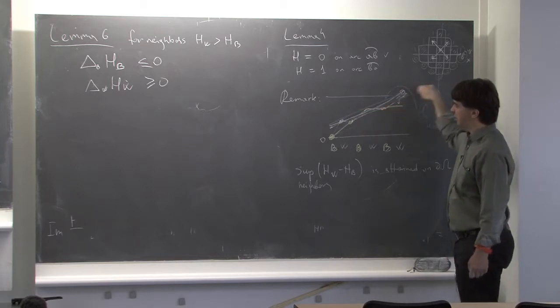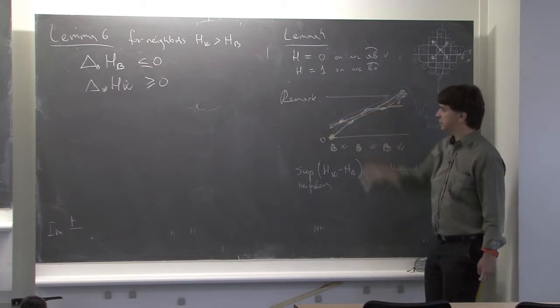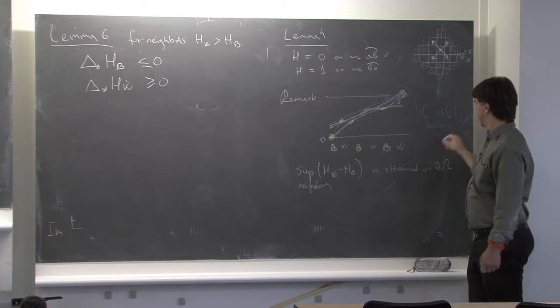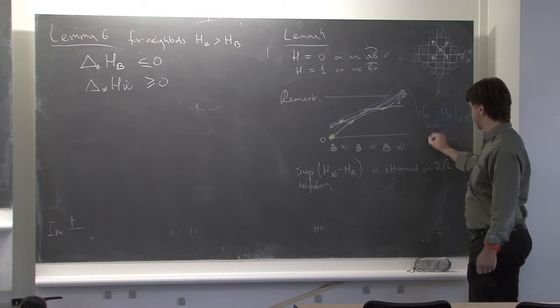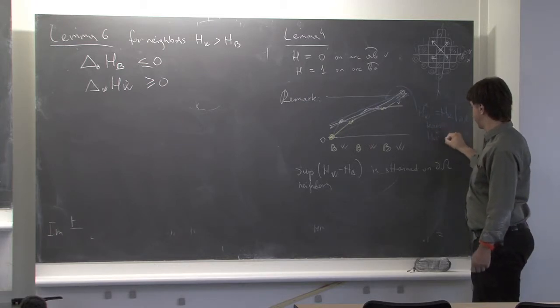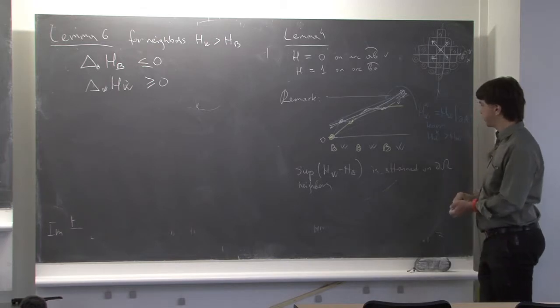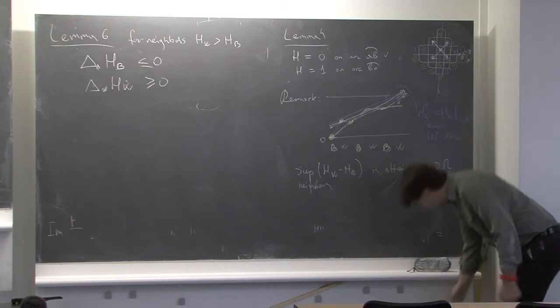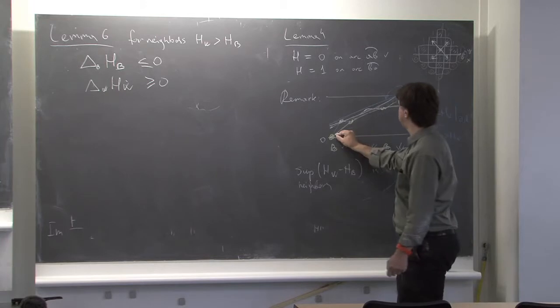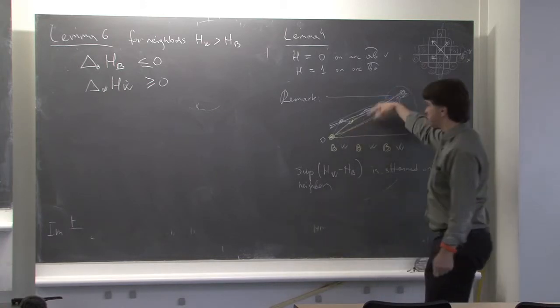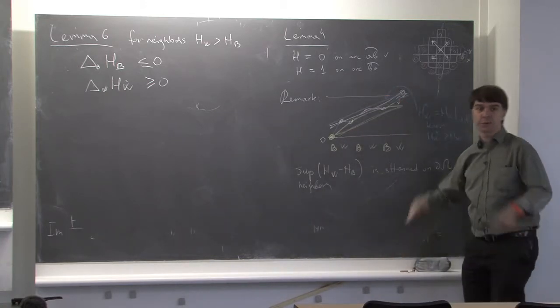So the real analog would be just a linear function. So it's bigger than H white. On the other hand, if I do the same thing with H black and I take harmonic, it will be smaller than H black.